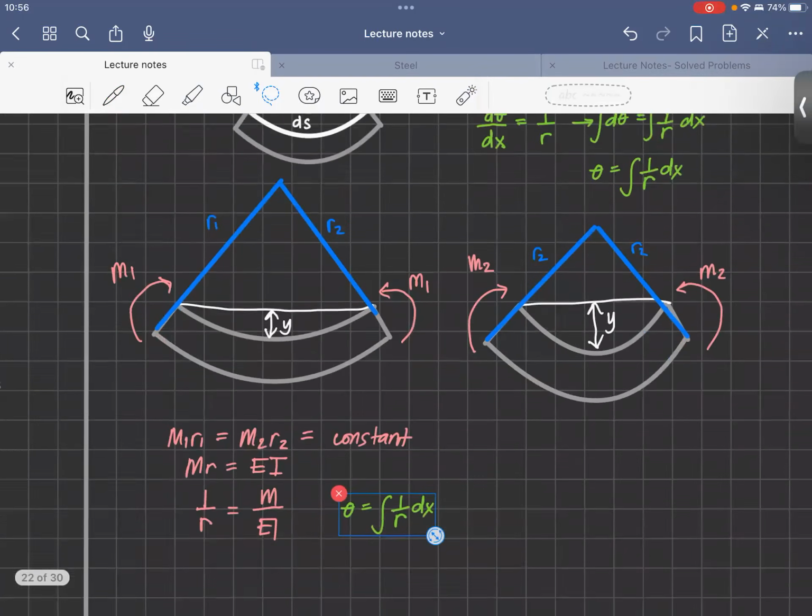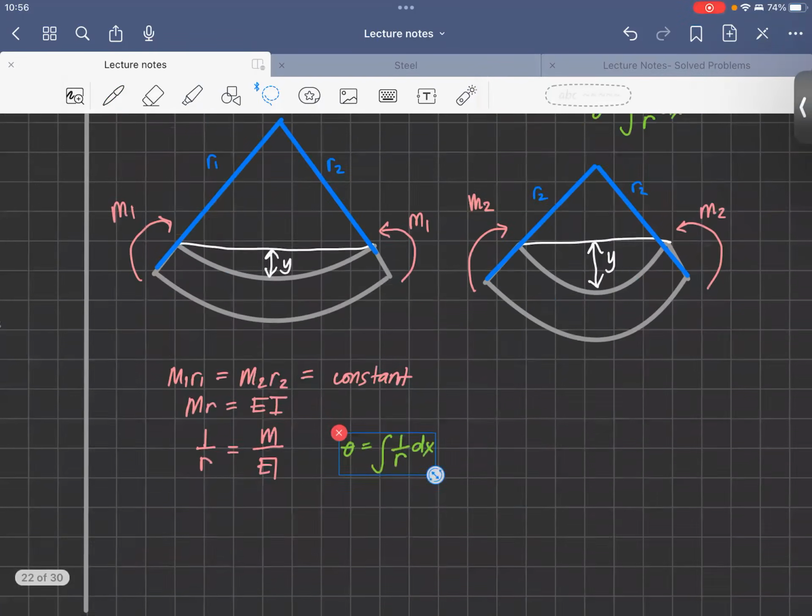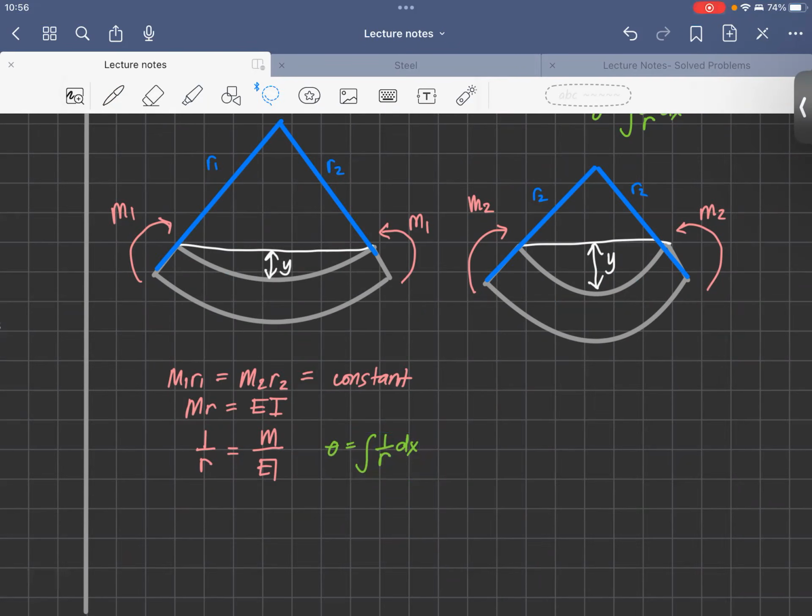So, we have this equation, ito yung original. Tapos, i-rewrite ko siya now. So, magiging siyang theta is equal to the integral of, sabi dyan, 1 over r is equal to M over EI. So, susulat ko siya ngayon dito. M over EI dx.